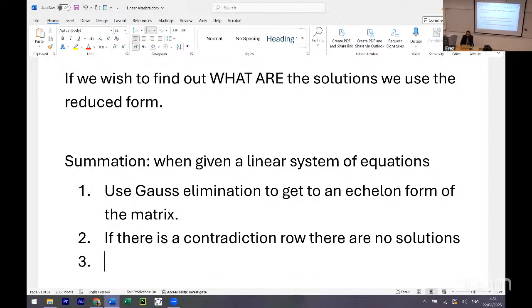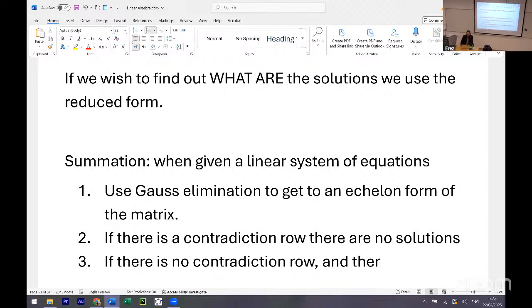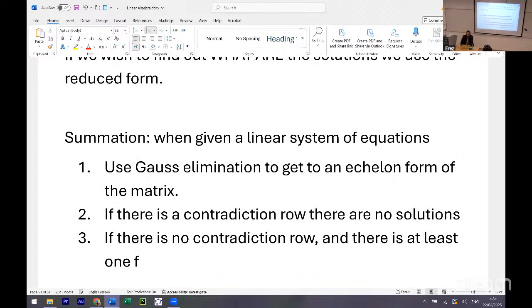3. If there is no contradiction row and there is at least one free variable, then there are infinite solutions.